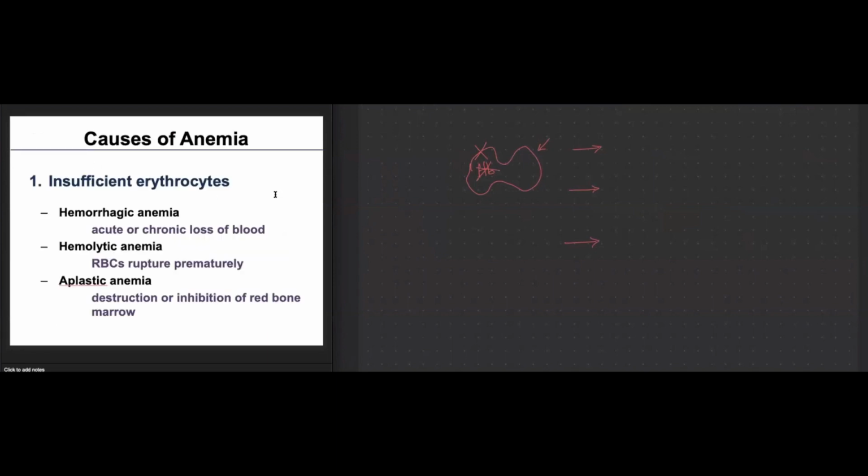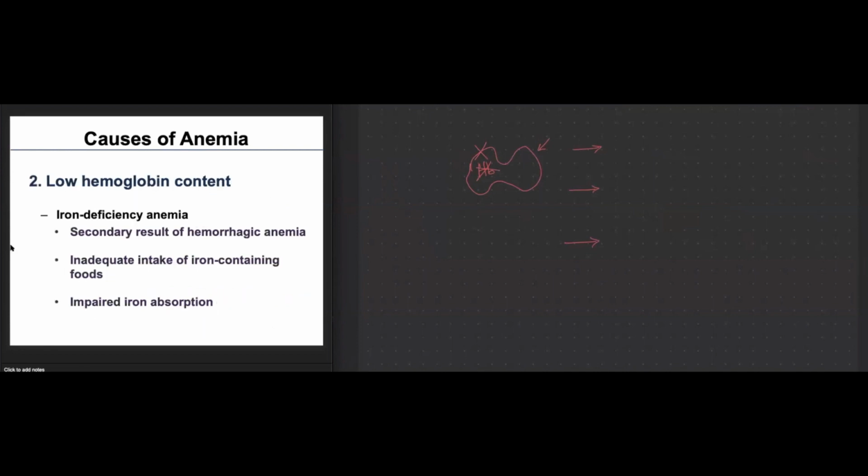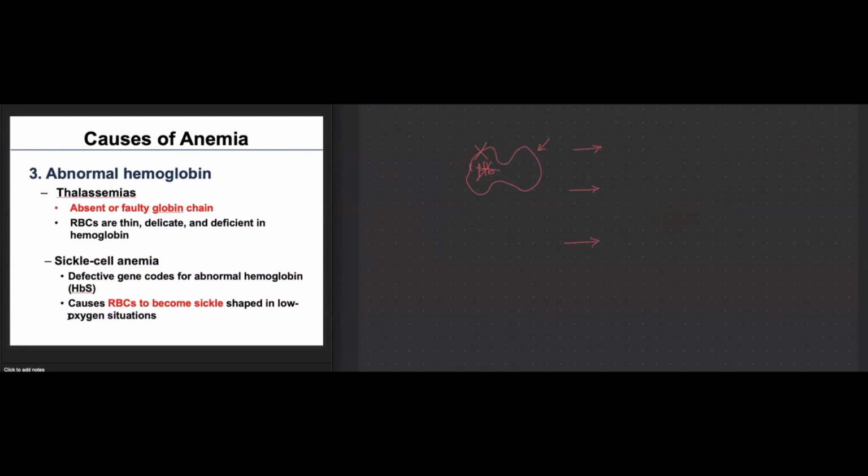I have insufficient erythrocytes, so I don't have enough red blood cells. I have low hemoglobin, or I have abnormal hemoglobin inside. So the way I think of it here, I have a car, I want to deliver the oxygen.